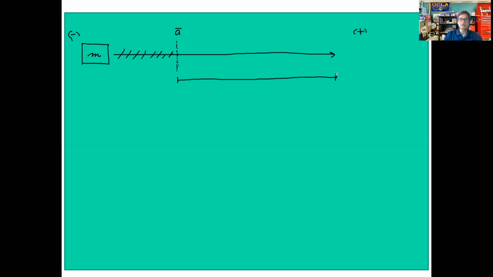Okay, and so let's include the information that we're given. He accelerates for this interval here, and at the end of that, he gets to a velocity of 7.5 meters per second. We were told that during this acceleration he accelerates for 4.5 seconds.